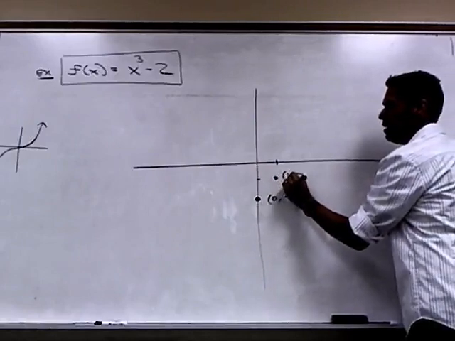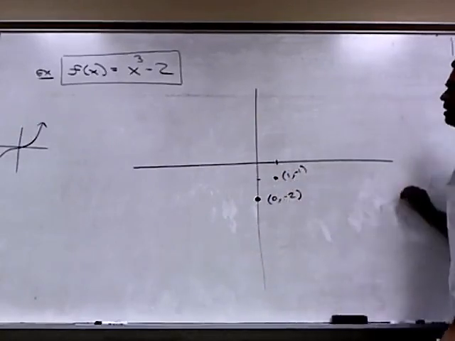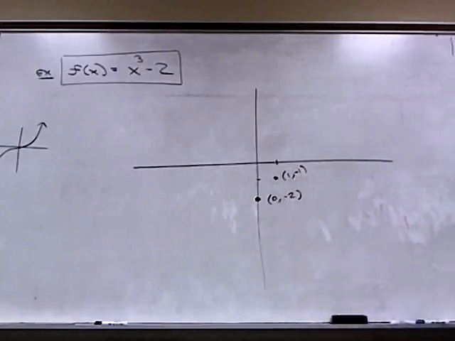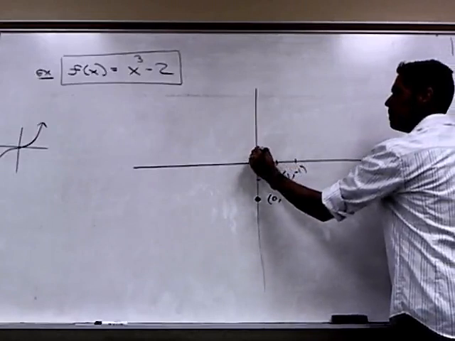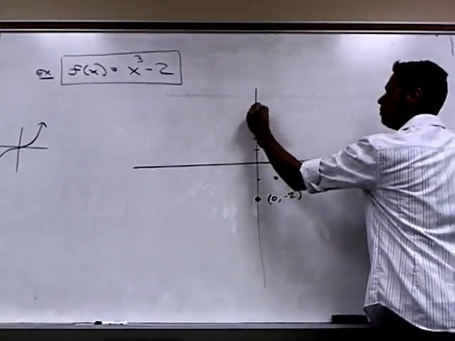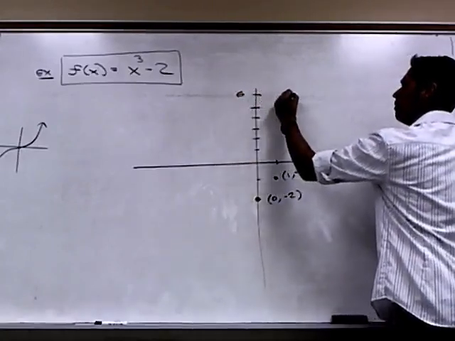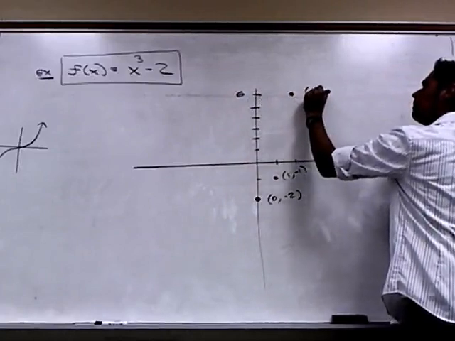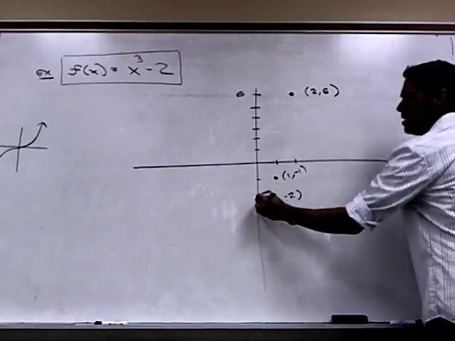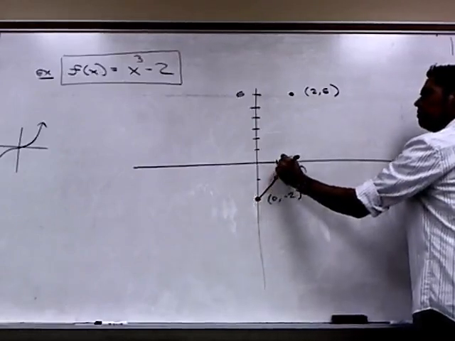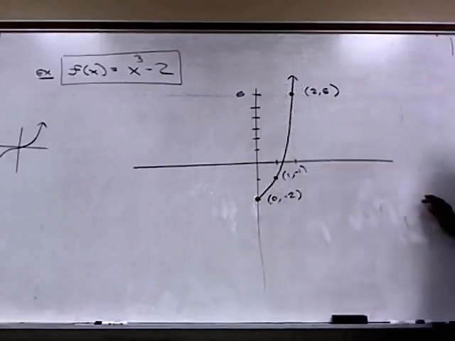So we have 1, negative 1 is here. Let's plug in another point. How about if we plug in 2? We said at 2 we'd be up at 6. Can you kind of see this part of it happening? Like that? You see that?